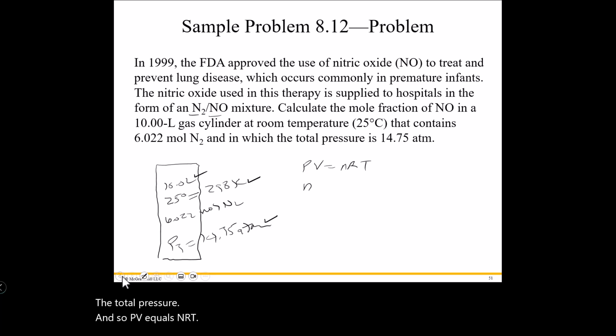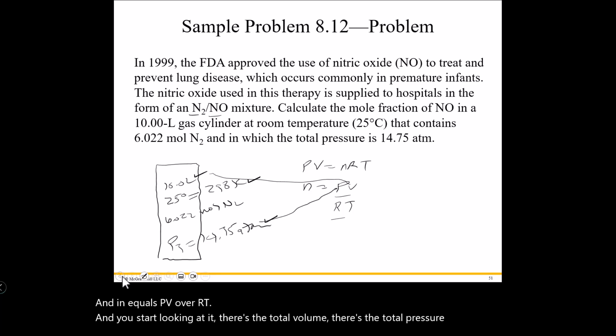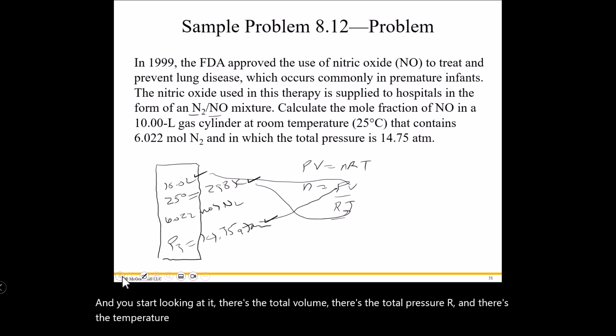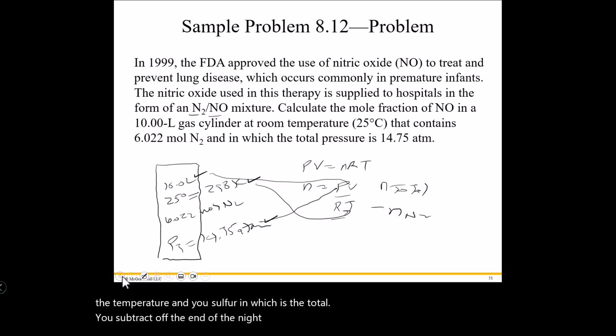And n equals PV over RT. And you start looking at it. There's the total volume, there's the total pressure, R, and there's the temperature. And you solve for n, which is the total. You subtract off the n of the nitrogen. That gives you the n of the nitric oxide.